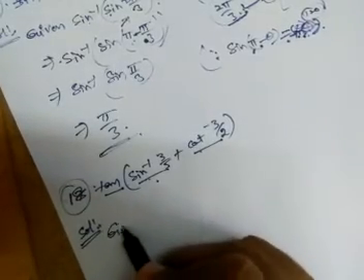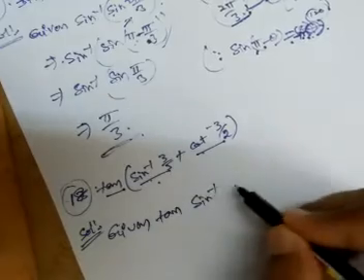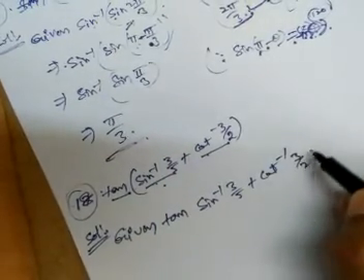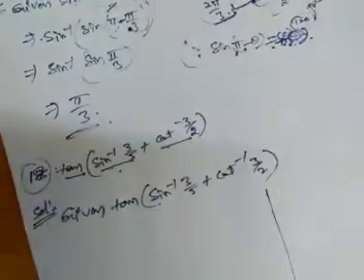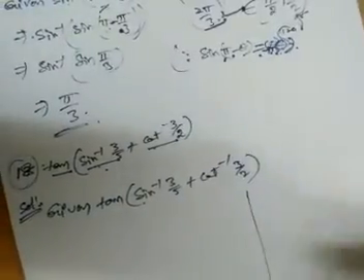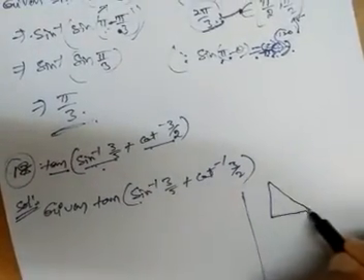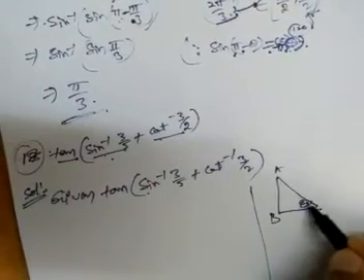Solution. Given tan of sine inverse of 3 by 5 plus cot inverse of 3 by 2. I am drawing one right angle triangle here, triangle ABC. I am taking theta here.